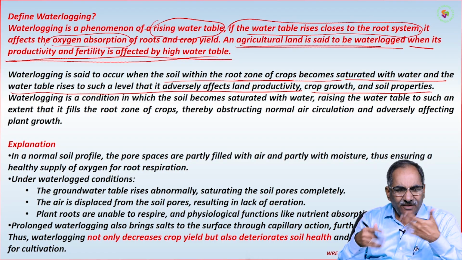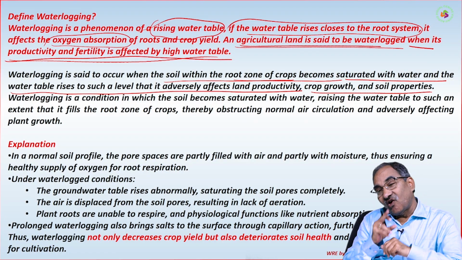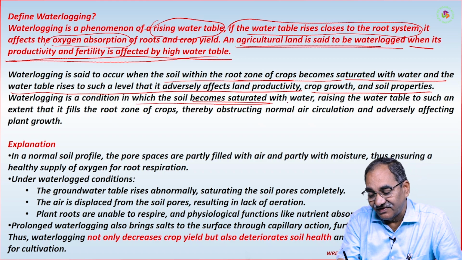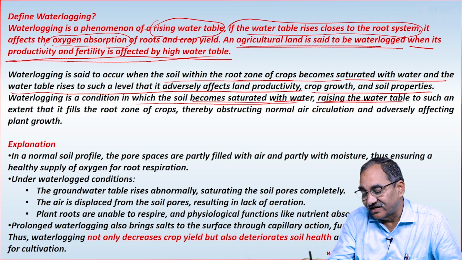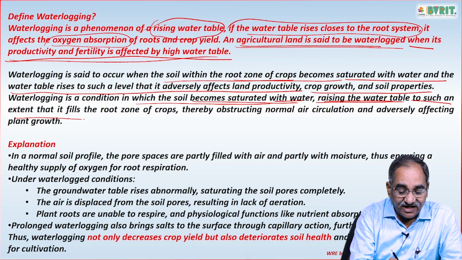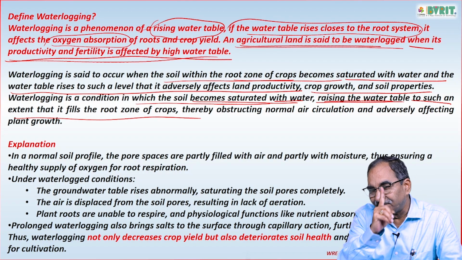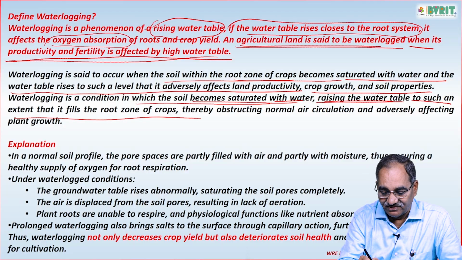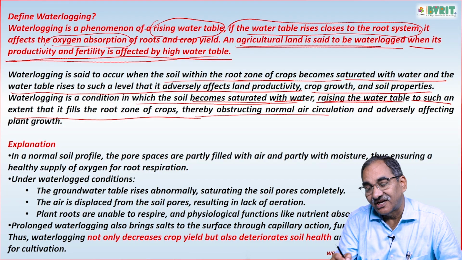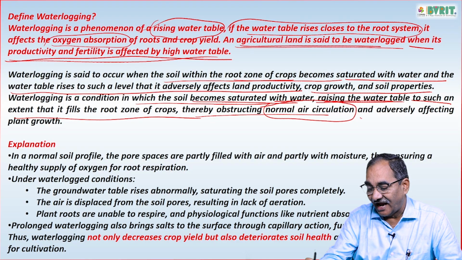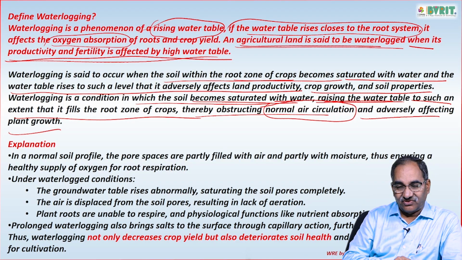Waterlogging is a condition, same definition I am repeating, in which the soil becomes saturated with water, raising the water table to such an extent that it fills the entire root zone. The root zone of the crops is completely filled with water, thereby obstructing natural air circulation. That is very important, and it adversely affects the plant growth.